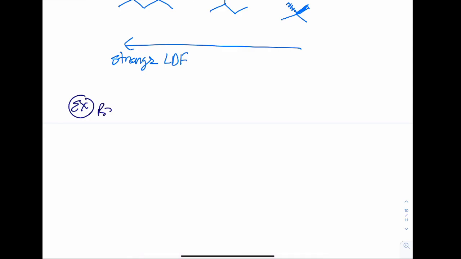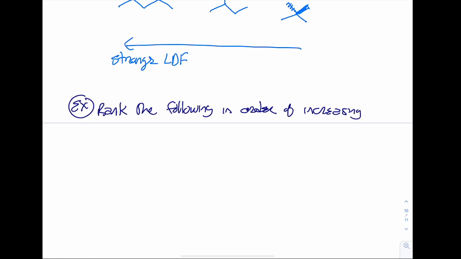So rank the following in order of increasing strength of intermolecular forces. So when I say increasing strength, that means number one is going to be the weakest, right? As we go, we want them to become stronger. So number one will be the weakest.